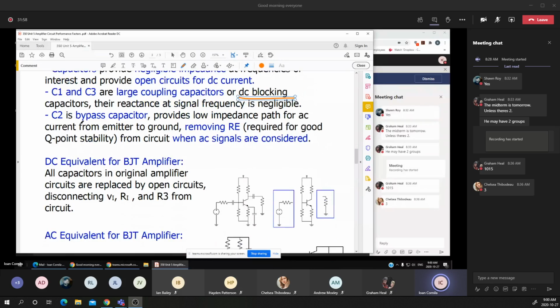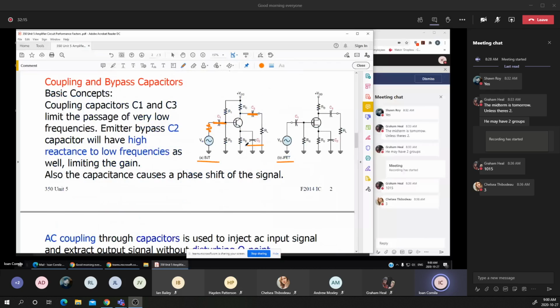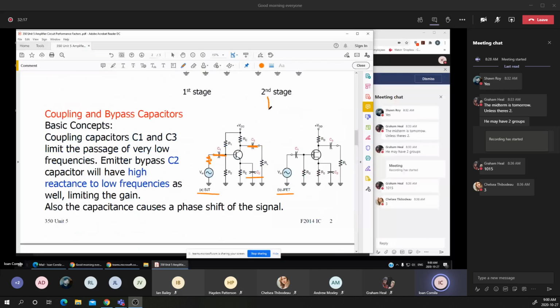The C2 is a bypass capacitor. Usually it's to lower the RE value due to an increase in frequency. Now let's go back to this diagram. Now I'm trying to recall the value of the AC.